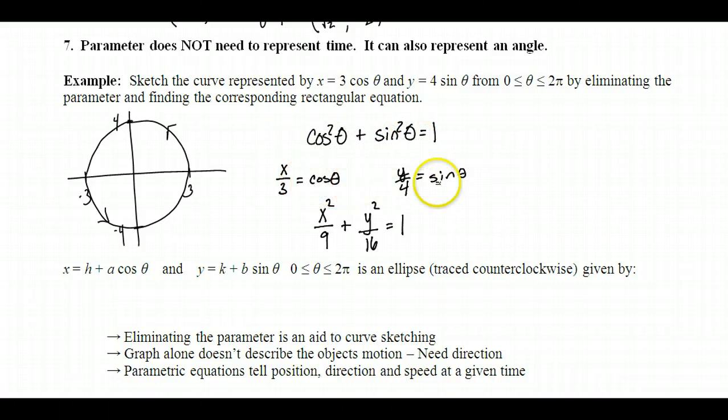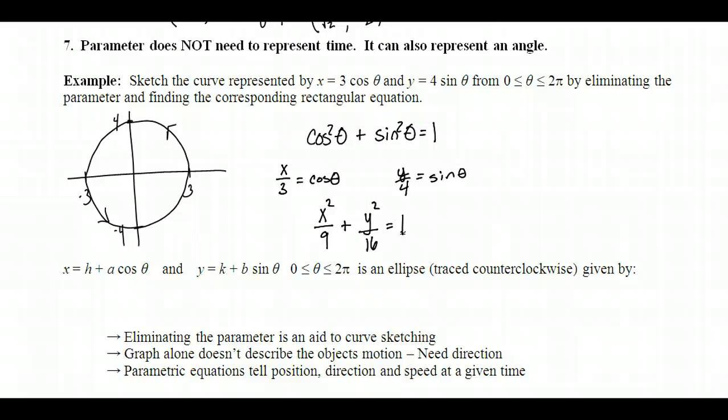We can solve for sine and cosine from our parametric equations, square them, and then looking at a graph too, we know our center's at 0, 0. On our x-axis, horizontally we move 3 from our center. On our y-axis, vertically, we move 4 from the center. And we know that an ellipse has to equal 1. So that's pretty basic to tell.